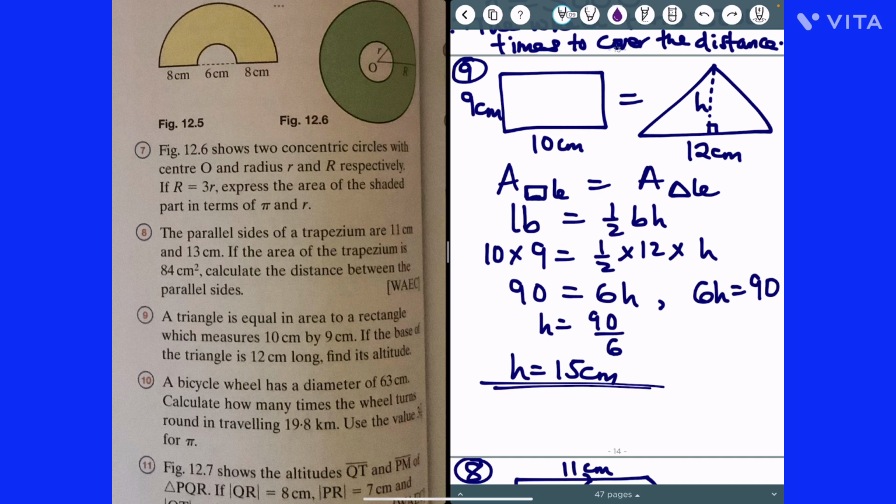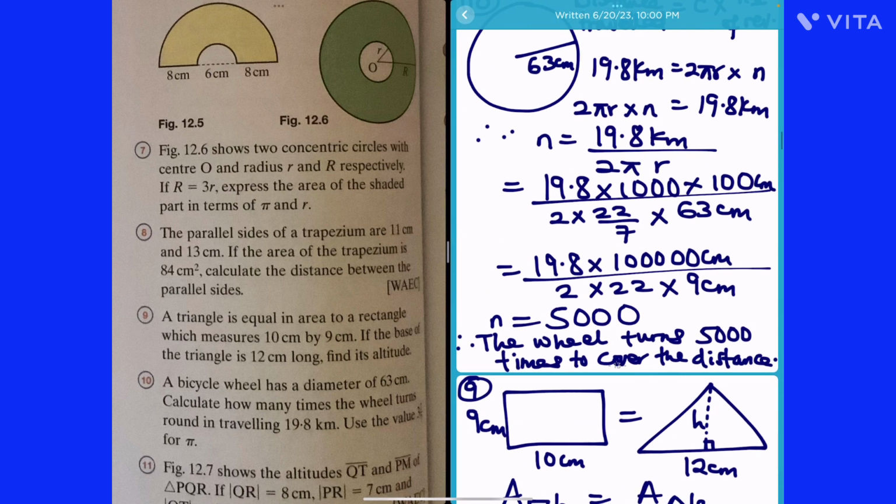So very simple. Area of triangle is equal to area of rectangle. That means length times breadth is equal to half base times height. This for the rectangle and this for the triangle. So 10 times 9 is equal to half times 12 times h. 90 will be 6h. h is 90 over 6 to get 15 centimeters.